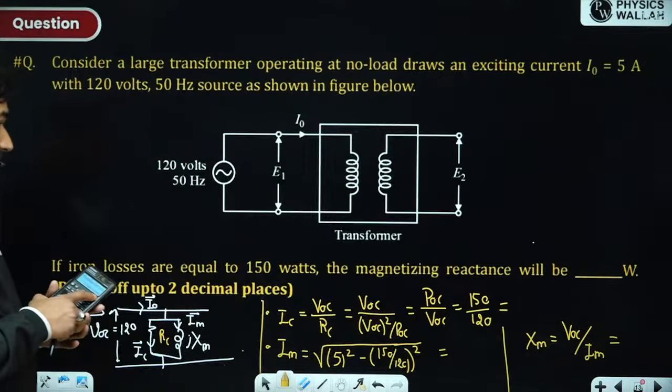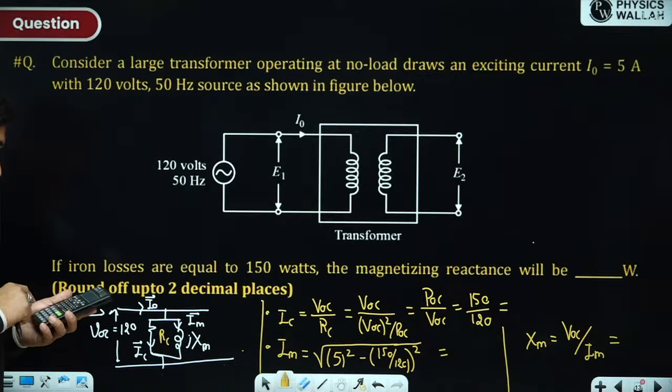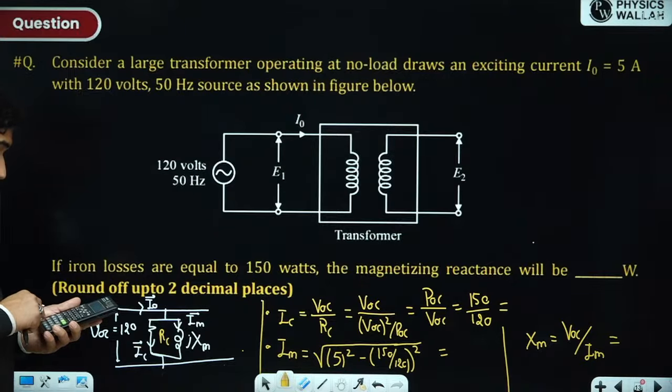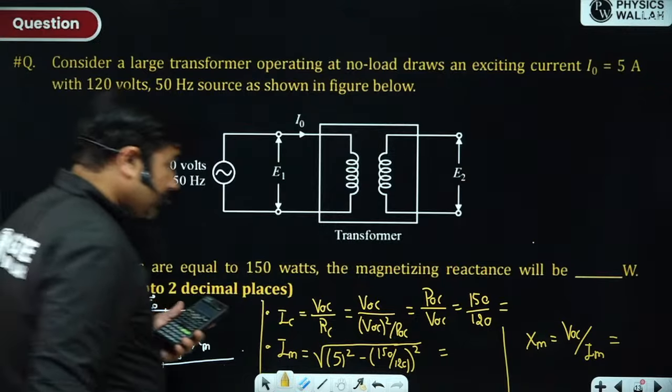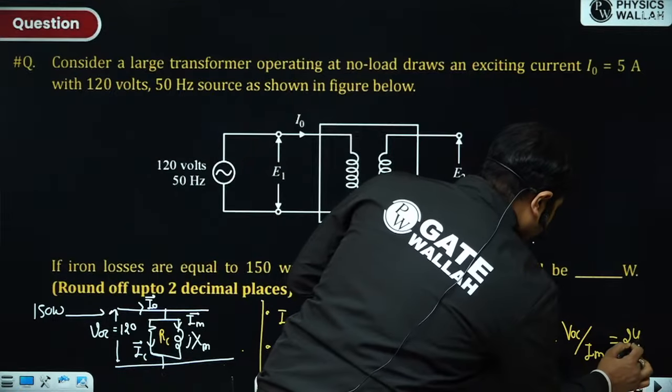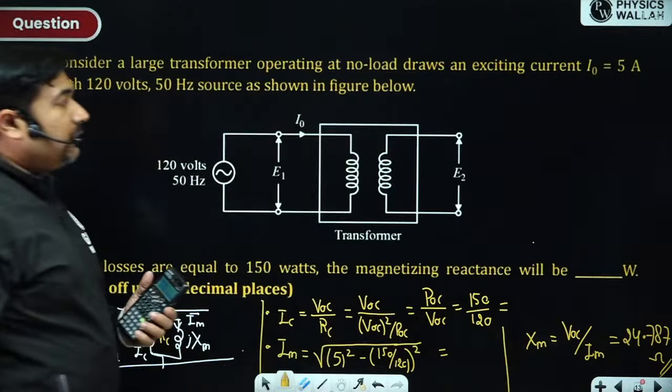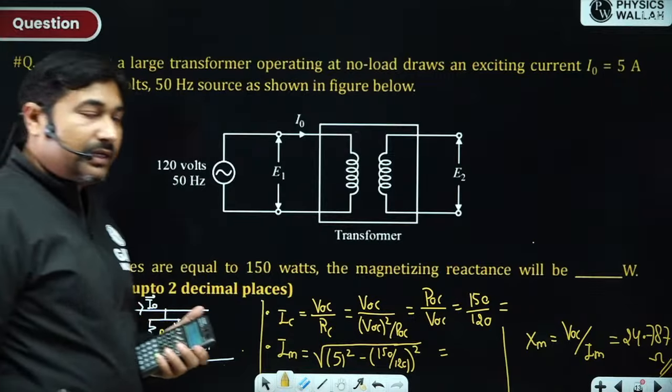So what will be the correct one? Root over of 5 square minus (150 by 120) square, then 120 divided by the answer, gives 24.787 ohm. How many of you are able to understand this question perfectly? Easy one?